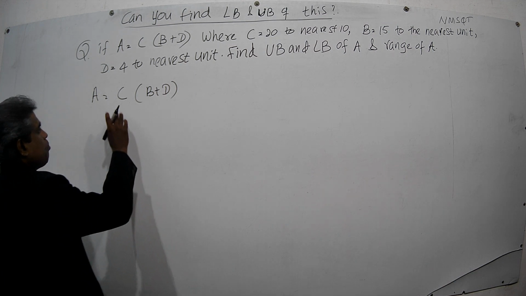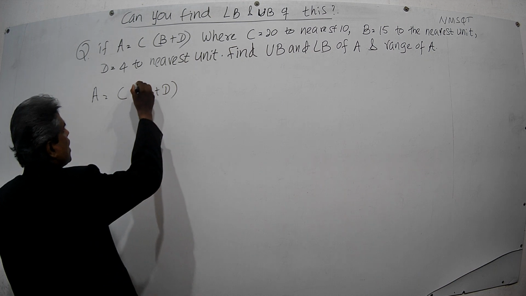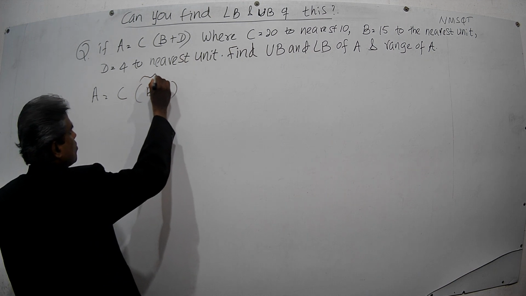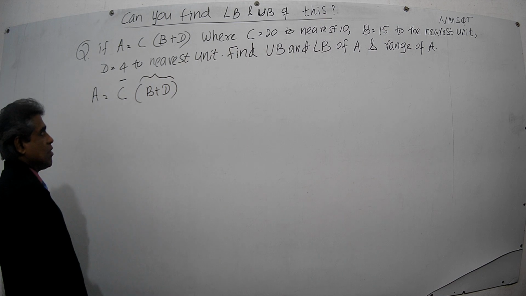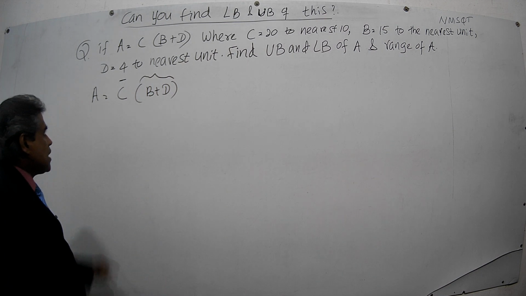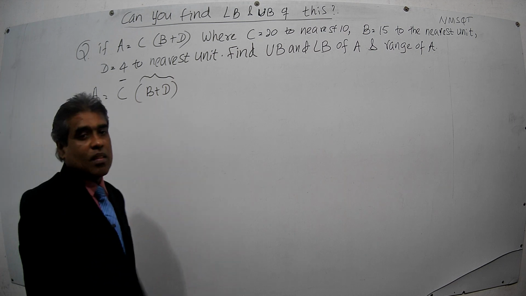This is a product of two terms. This is one term. This is the other term. One term is C, the other term is B plus D.